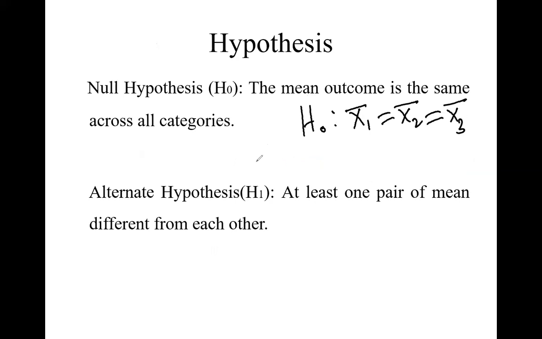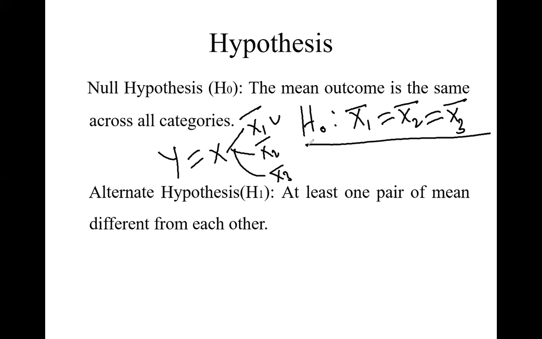It means in all three conditions the sale will be the same, x1 bar, x2 bar and x3 bar. Whether you give discount 10%, 30%, it doesn't matter, the sale will be the same, we assume in a null hypothesis.